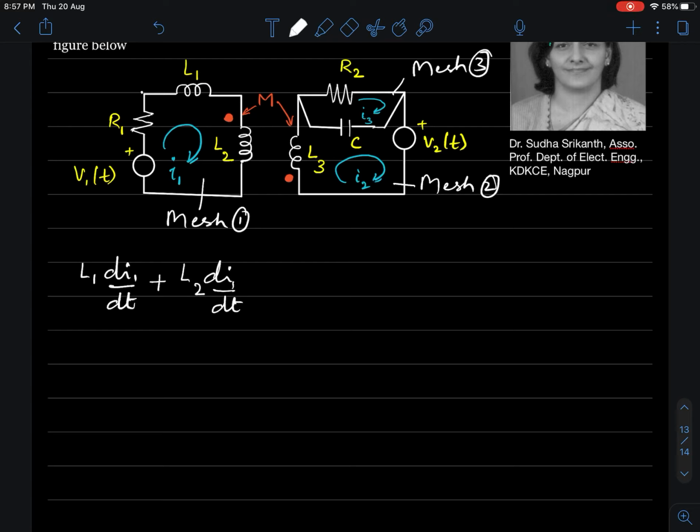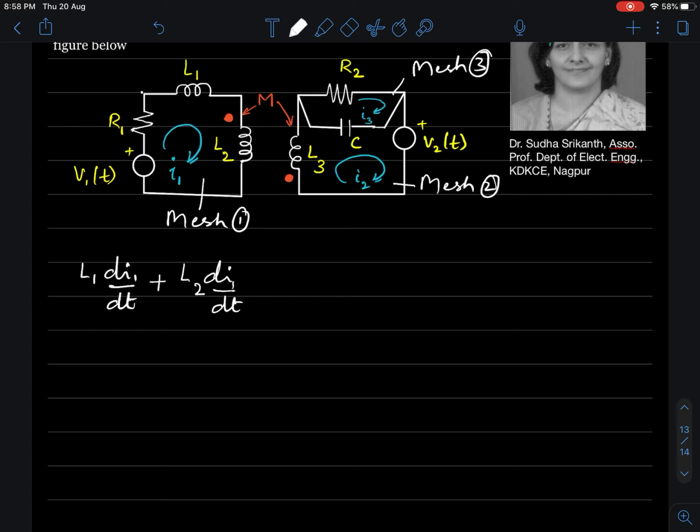Now there is another EMF, a mutually induced EMF in L2, because of the current that flows through L3, because L2 and L3 are coupled. The current through L3 will produce an EMF in L2. What is the magnitude?